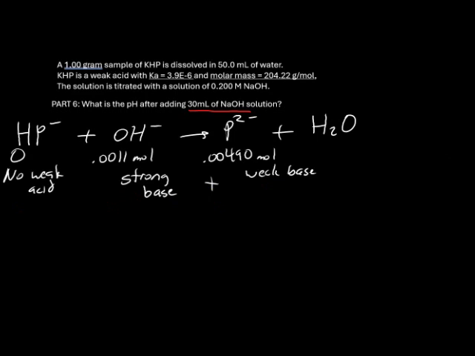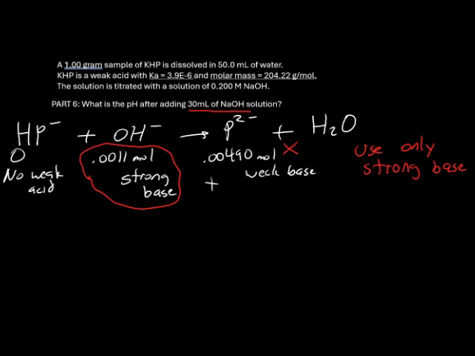Because the strong base controls the pH, we only need to use our strong base to find the pH. That is, if you have a mixture of strong and weak, the strong has much more control over the pH than the weak base does. Therefore, we can ignore the weak base and look only at the strong base.